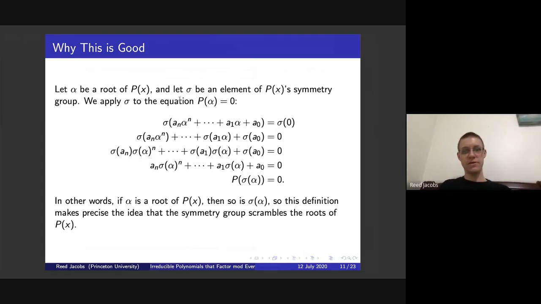Since alpha is a root of P of x, we know P of alpha equals 0. And we're going to apply sigma to this equation. Writing out P of x in general form: a_n alpha to the n, and so on, plus a1 alpha plus a0 equals 0. So sigma of that must equal sigma of that. Now first I'm going to claim that sigma of 0 has to be 0.